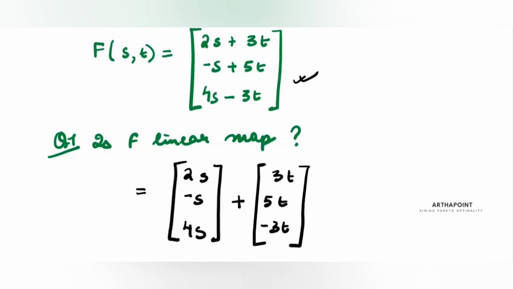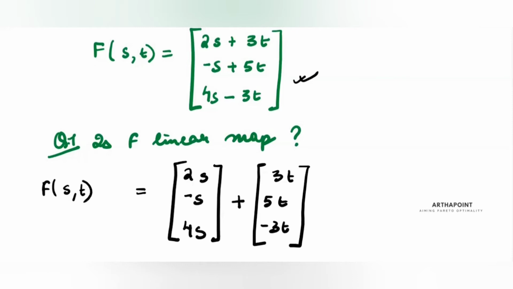Now, even if you remember the addition of vectors, when you add two vectors, you add them component by component. So 2s gets added to 3t, you get the first element. Minus s gets added to 5t, you get the second element. 4s gets added to minus 3t and you get the third element. So this function can easily be broken down. So I had a function f(s, t) and I've written it like this.